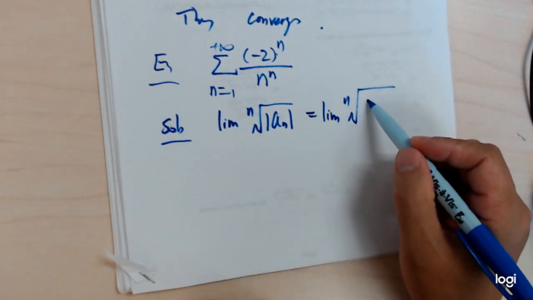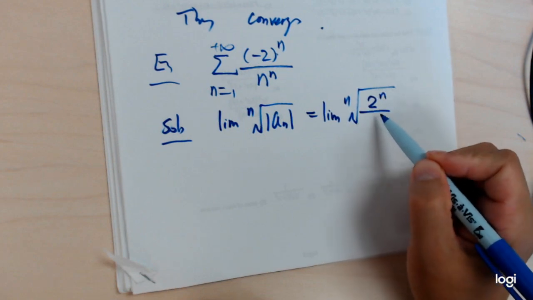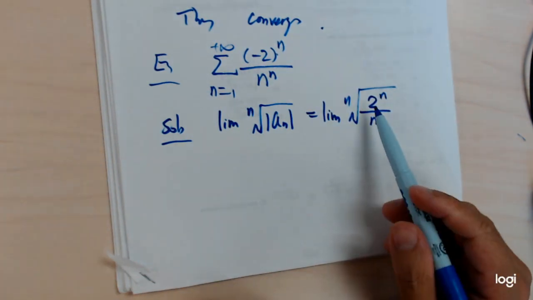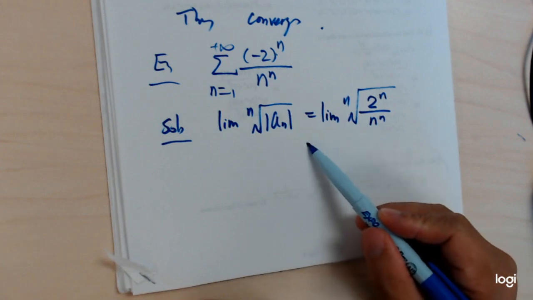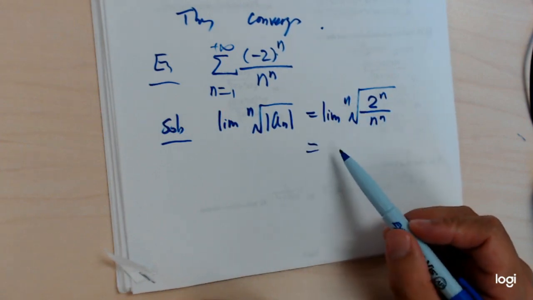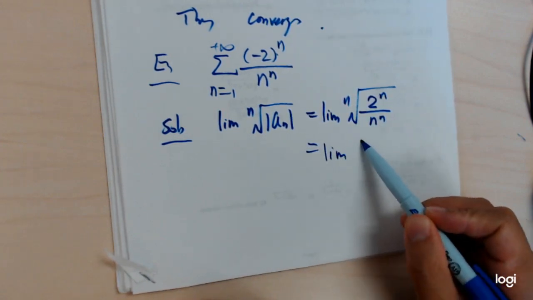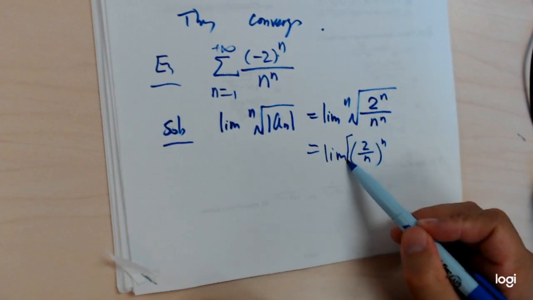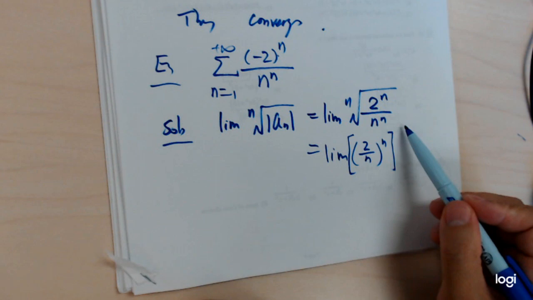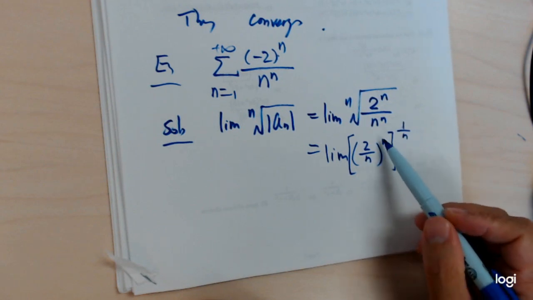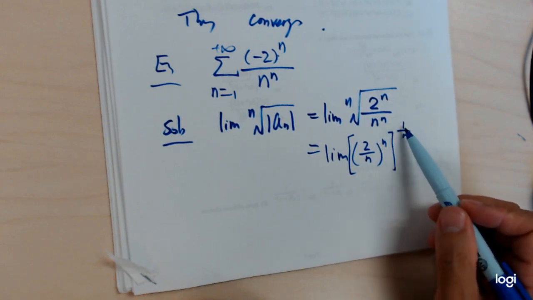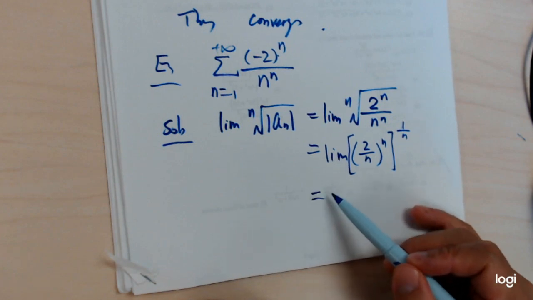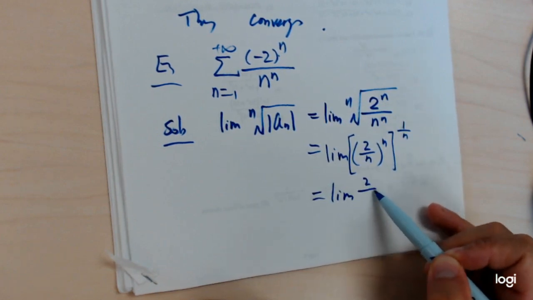Take the absolute value, make this just 2 to the n. So once again, you can clearly simplify this. This is the limit of 2 over n to the power of n, and then the whole thing raised to the power of 1 over n. And then you multiply, you get a 1. So you're looking at the limit of 2 over n.